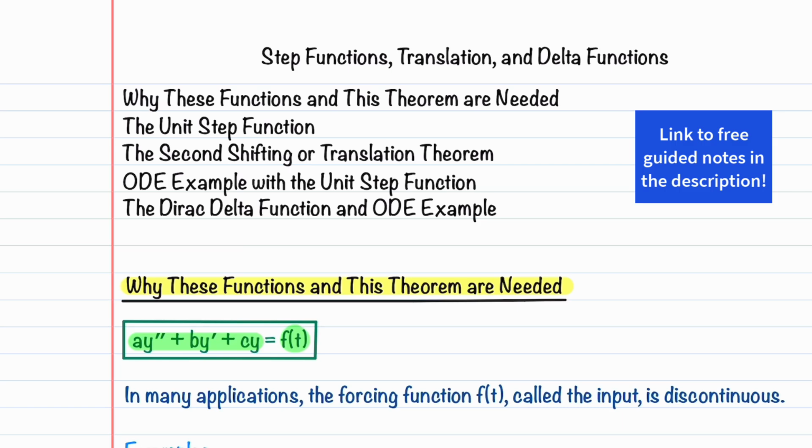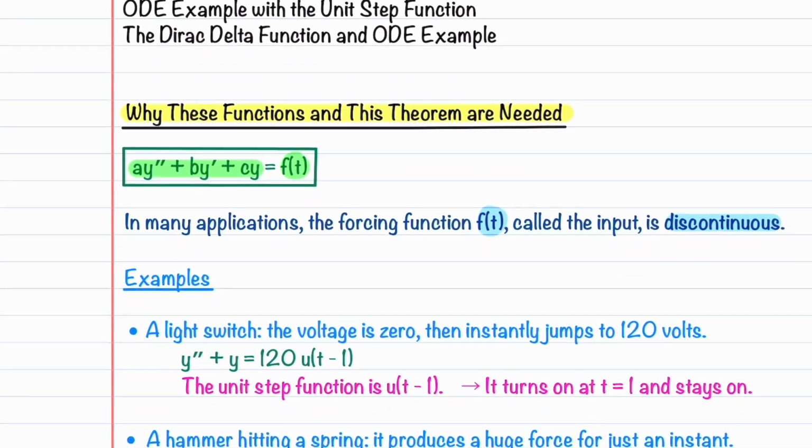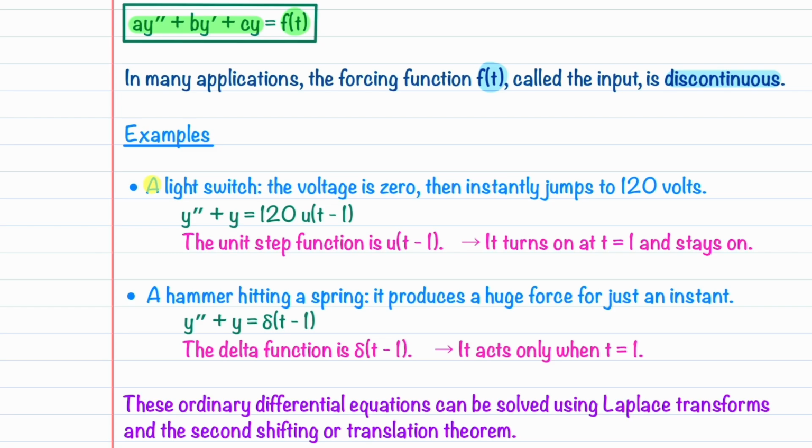In many real-world applications, that input is not a nice smooth function. It is discontinuous. It turns on or off or delivers a sudden jolt. Think about a light switch. Before you turn it on, the voltage is 0.